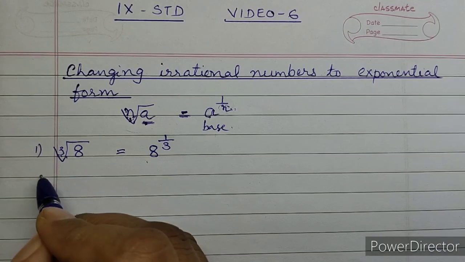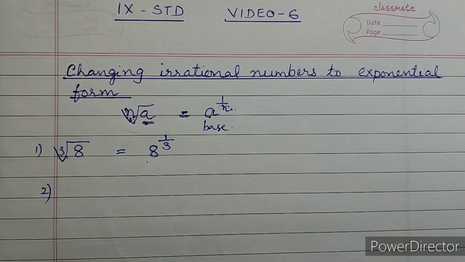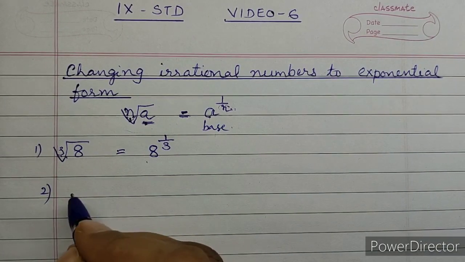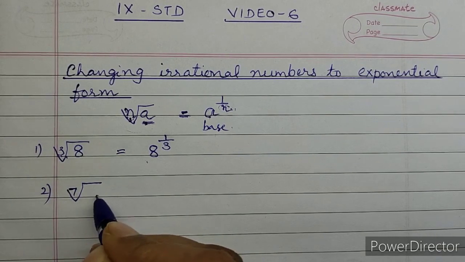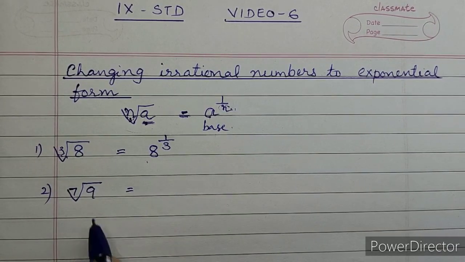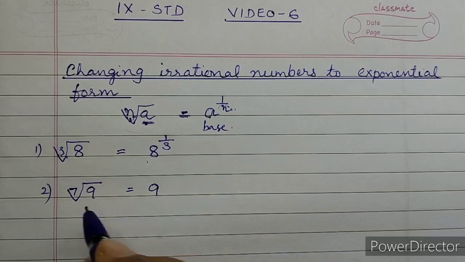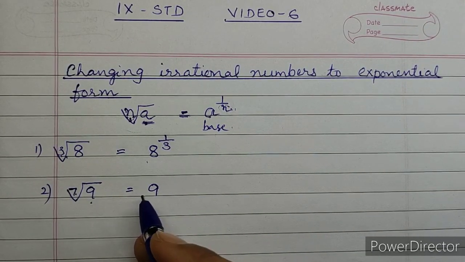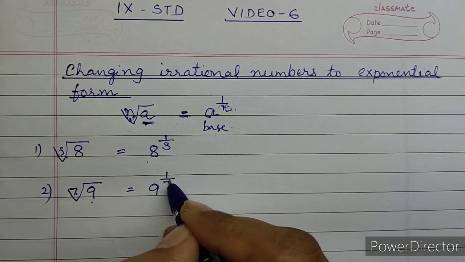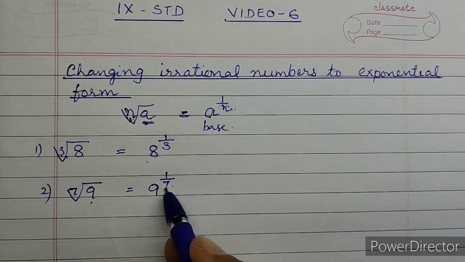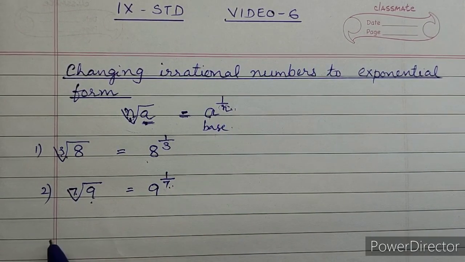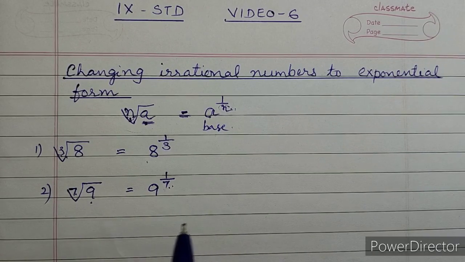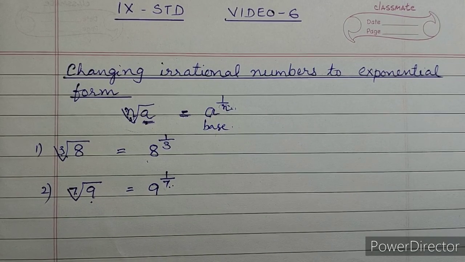Similarly, second sum, 7th root of 9. The base is the radicand 9, and 7, the order, will change to 1 by 7. The order will become the denominator. So this is the way you have to change irrational numbers to exponential form.